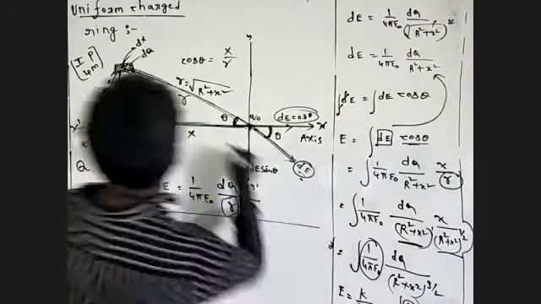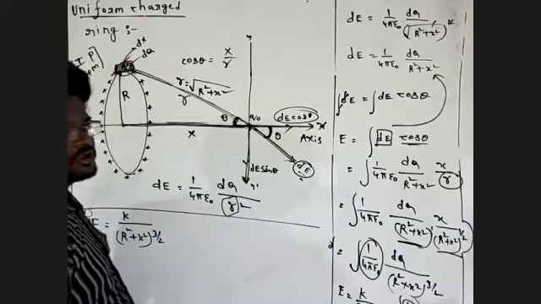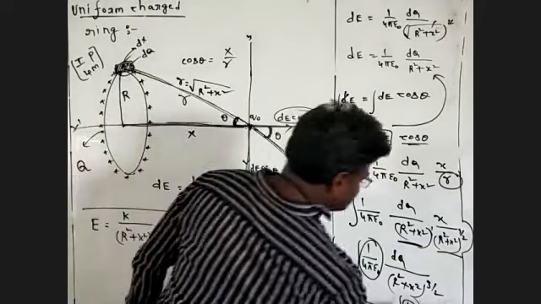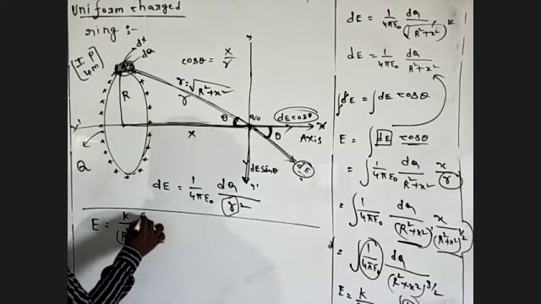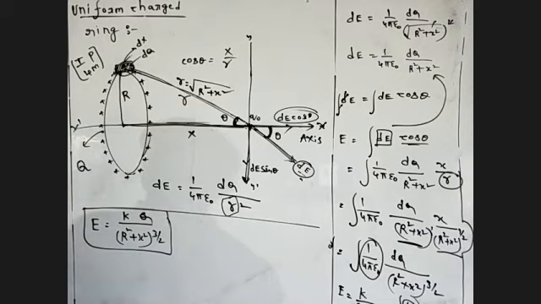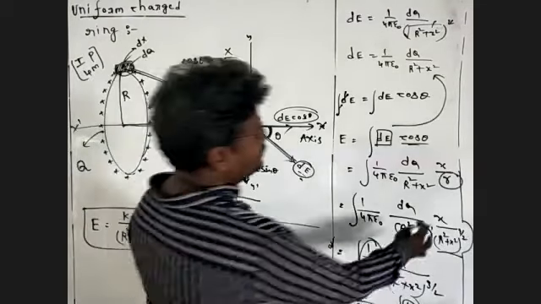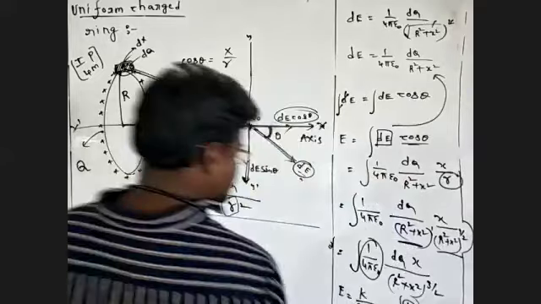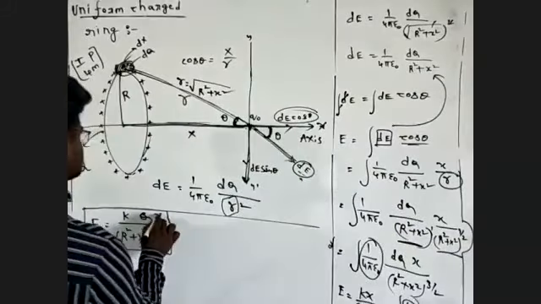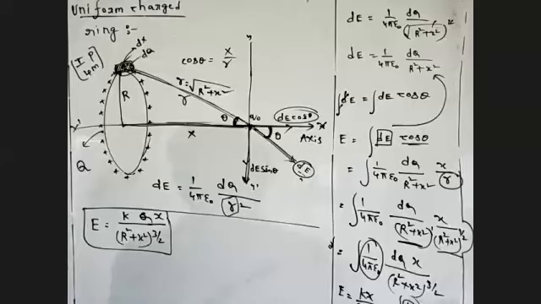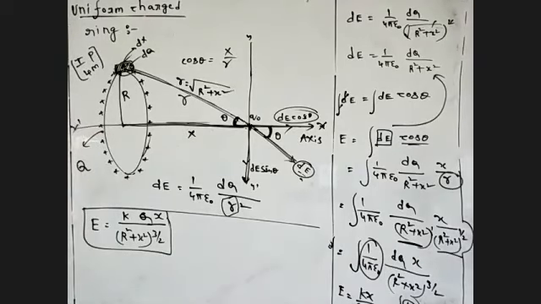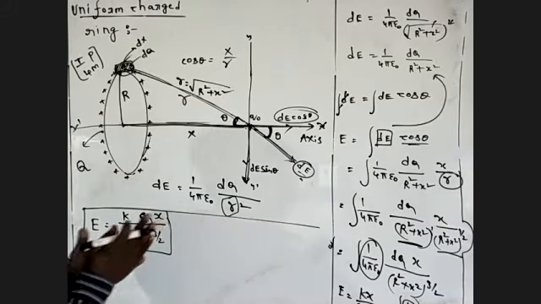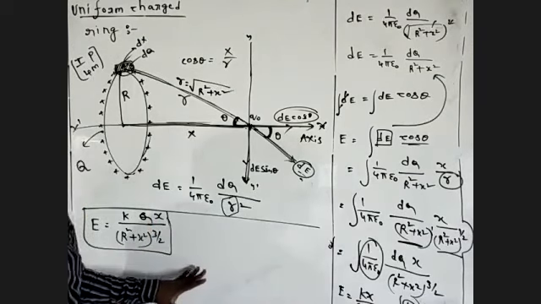This dq means a small element. Integration dq means total element, total charge is Q. This is your answer. This is very, very important in the IP exam. Up to this is for IP marks.